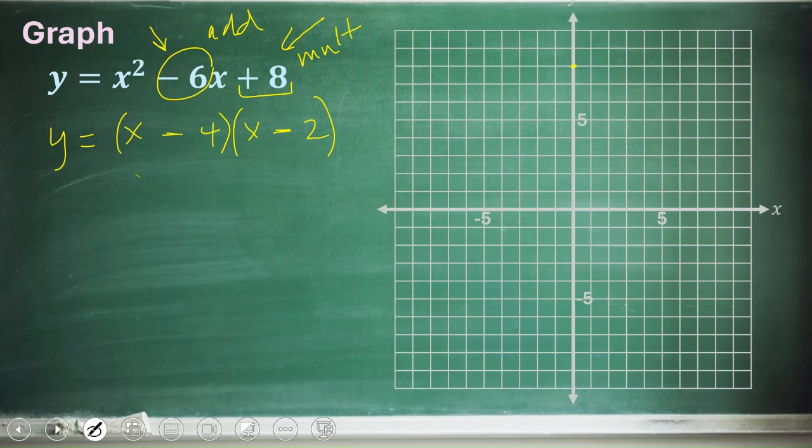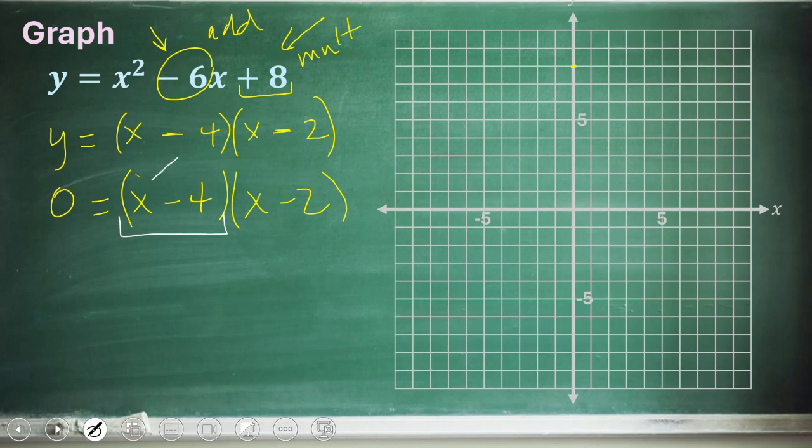All right. So when I am trying to find my roots, I am substituting 0 in for y and figuring out what x is. A way to think about this is if either one of these binomials takes on the value of 0, it's going to be 0 times the other binomial, which equals 0.